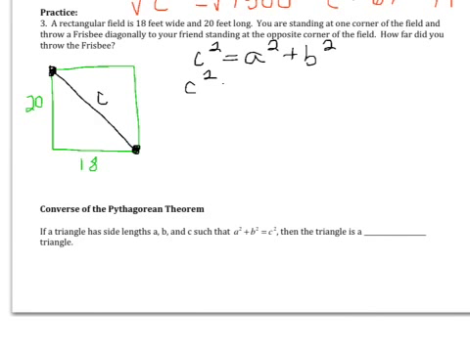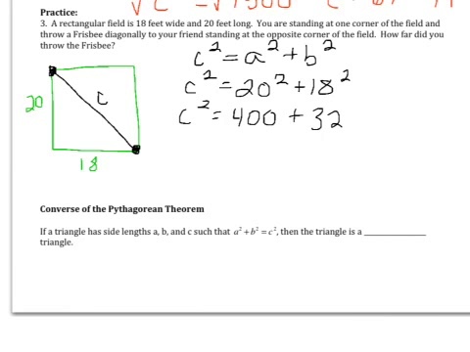So c squared equals 20 squared plus 18 squared, which is 400 plus, let's see what 18 squared is in our calculators. I got 324. And let's add those together to get 724.